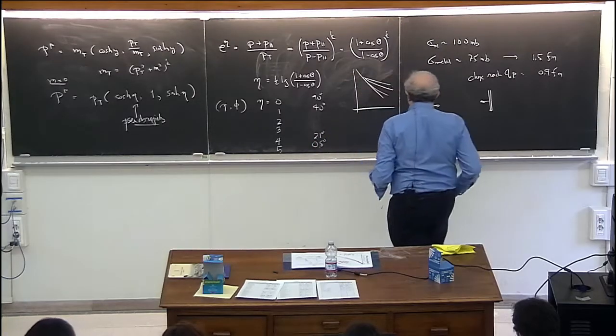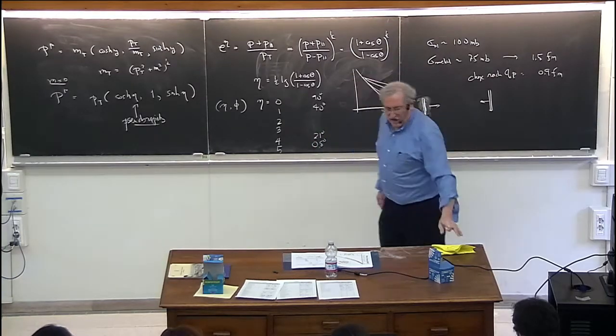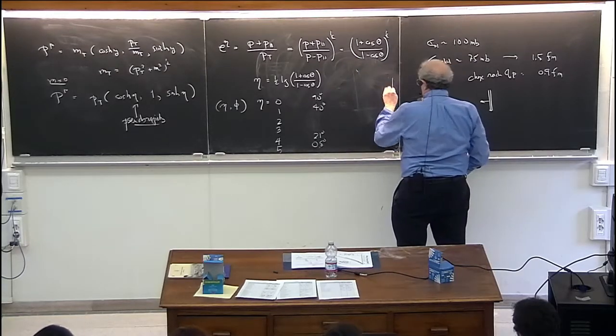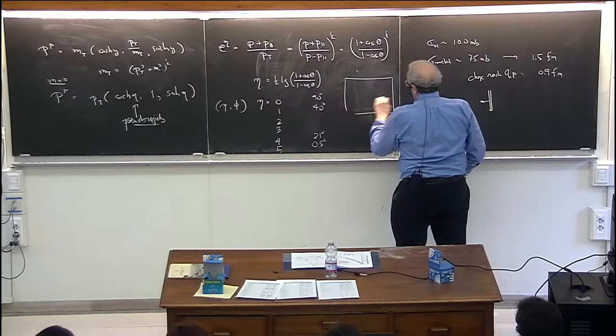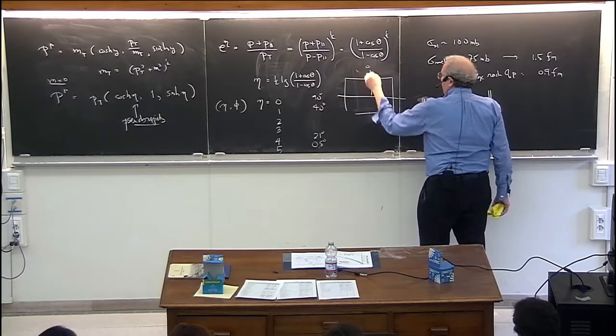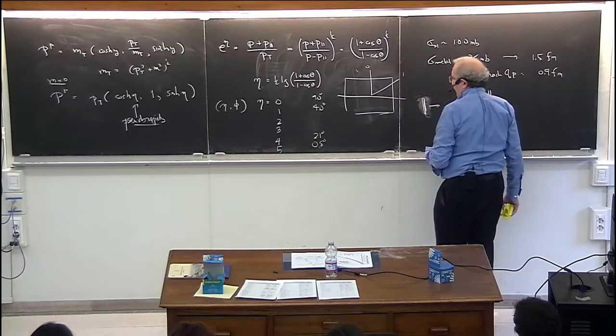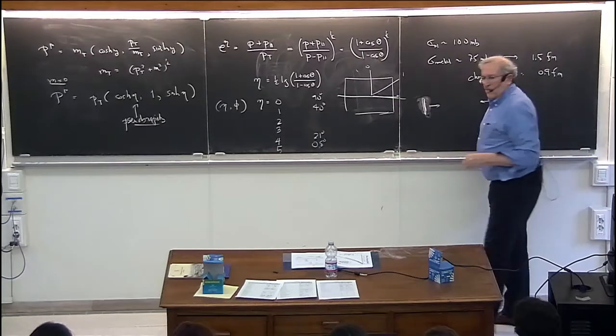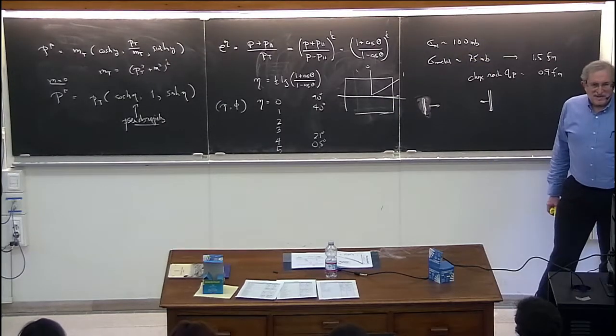So if you think about how an LHC detector is laid out, with the beam direction here, eta equals 0 is here, eta equals 1 is over here, eta equals 5 you can hardly draw where that is in relation to the beam pipe.